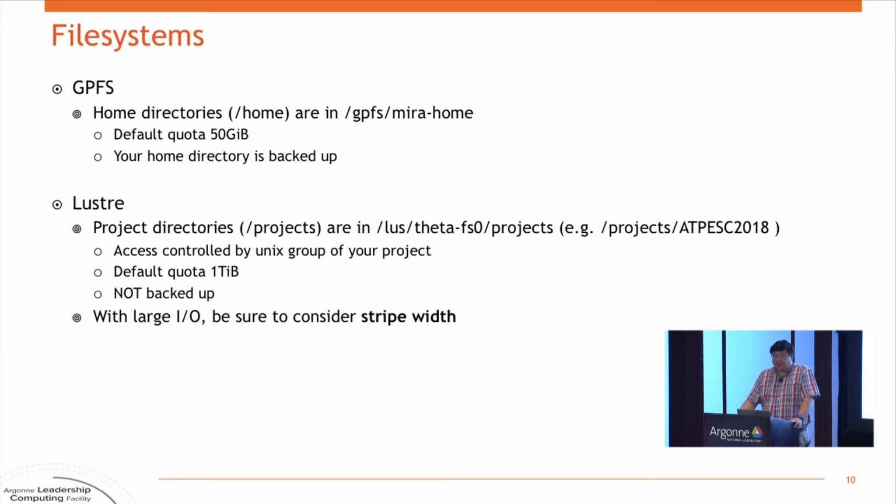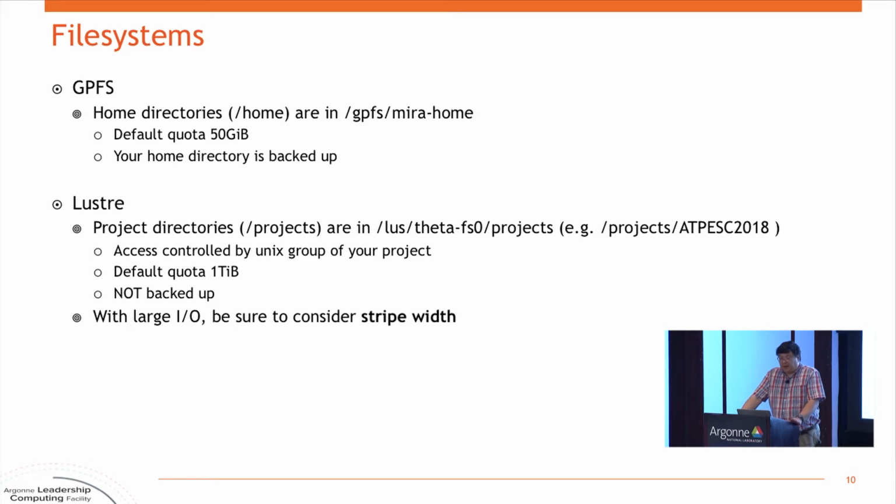As for your file systems, there are 2 file systems. The GPFS file system is what we use on the BlueGene-Qs, and it is mounted on Theta as well. So your home directories are common between Mira, Cetus, Cooley and Theta; they all have the same home file system. Vesta's on its own.